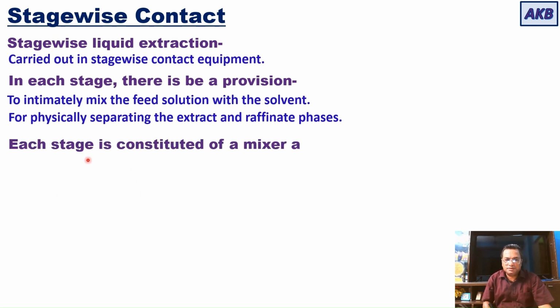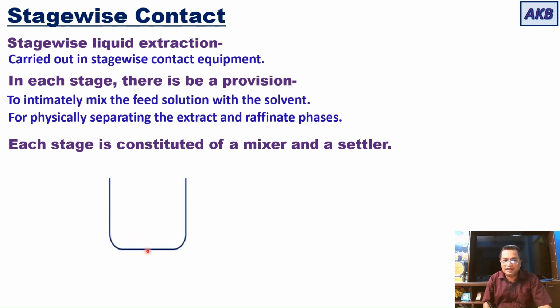Each stage, therefore, since two tasks are to be carried out, intimate mixing and physical separation, is constituted of a mixer and a settler. So, the mixer will be mixing the two phases, and after that, the mixture will settle into two layers in the settler. So, mixer plus settler forms one stage in liquid extraction.